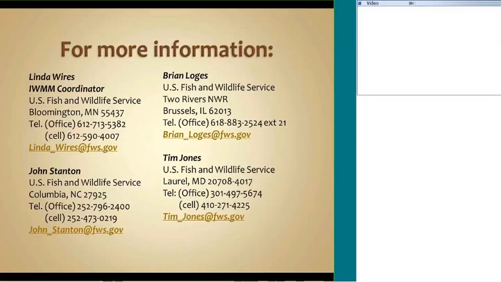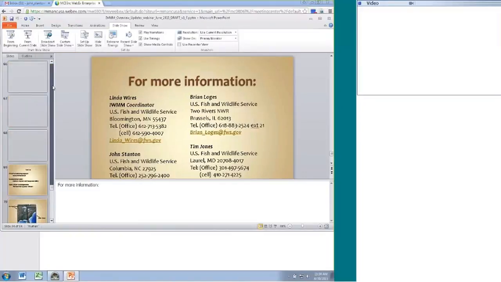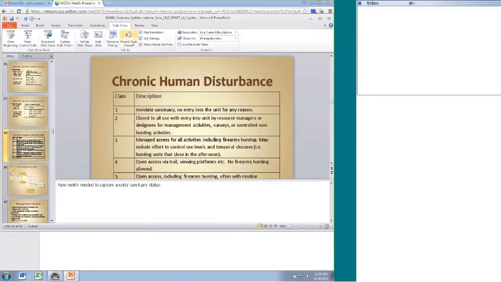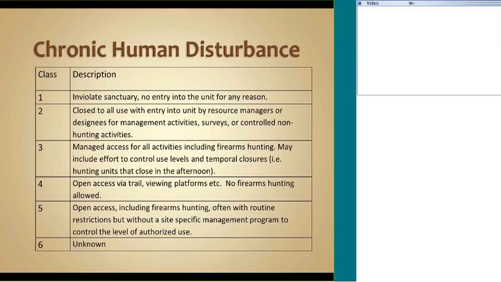I can handle that one. Yes, we do account for hunting as a disturbance. It's in that chronic human disturbance metric that was added in the protocol revision, and those are completed every time they do a bird survey. So for some survey units, that status is going to change, obviously. Capture that on the bird surveys.